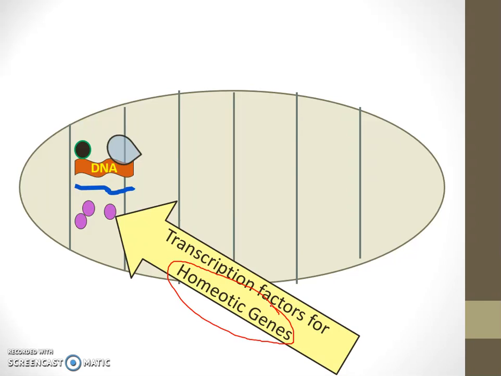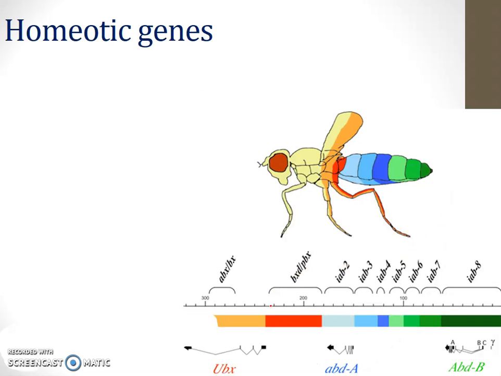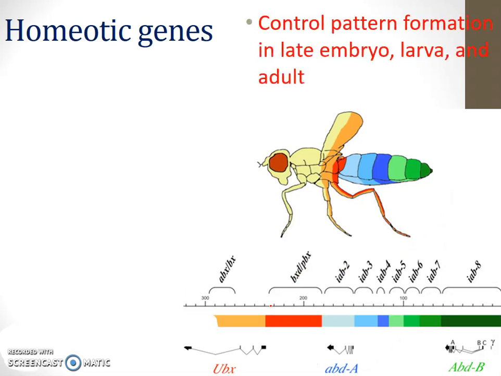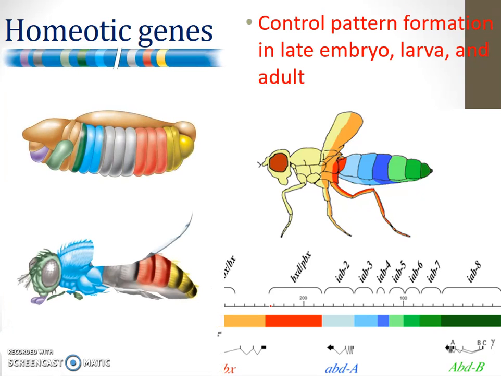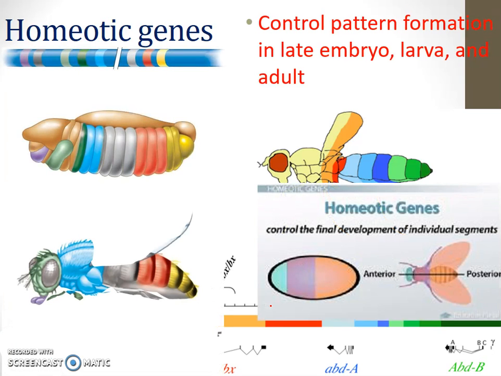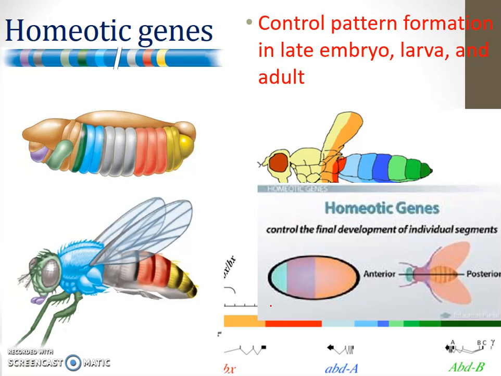These are transcription factors for homeotic genes in these different segments. Now, homeotic genes, or Hox genes, are what turn on wing development, legs. Basically, they're turning on the genes for the late stages of adult form, I guess.